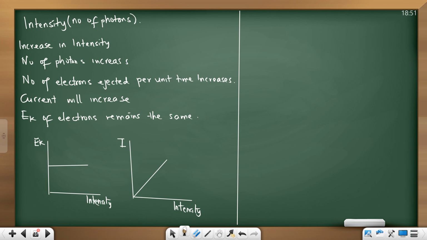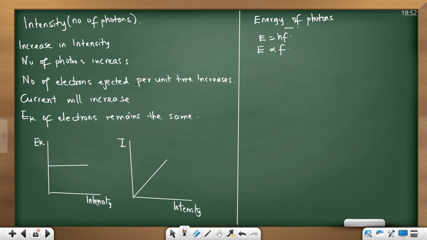All right. What about energy? If I increase the energy of photons, what will happen? How can I change the energy of a photon? Change the light. Remember, E equals to what? hf. So E is directly proportional to f.